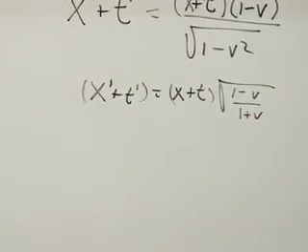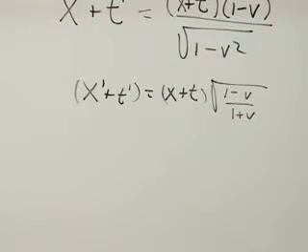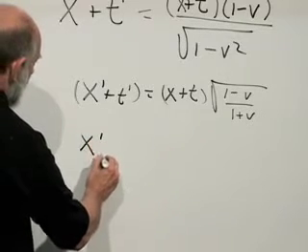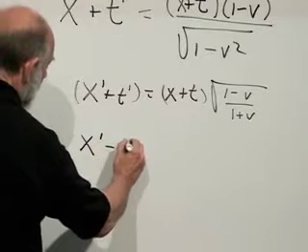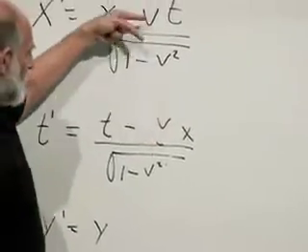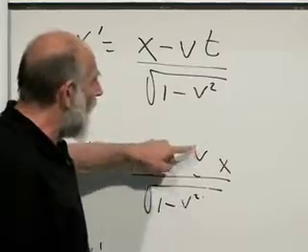Now let's look at x prime minus t prime instead of x prime plus t prime, and let's see what we get. When we subtract them, we're going to get an x minus t from here, and we're going to get a plus v because we're subtracting.